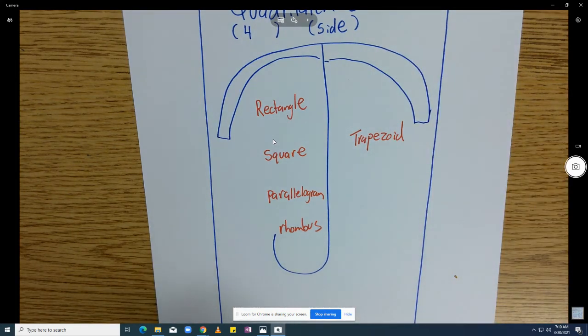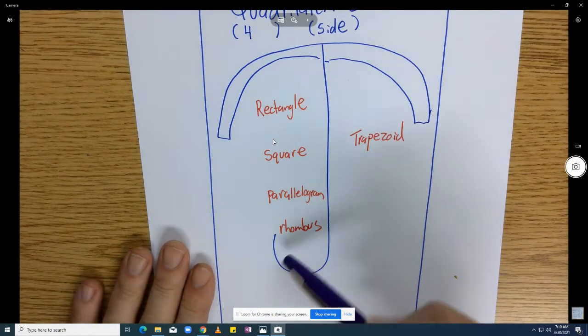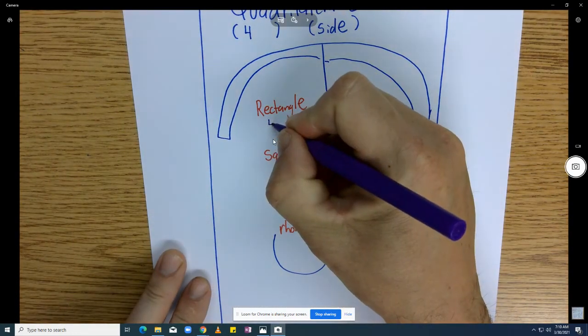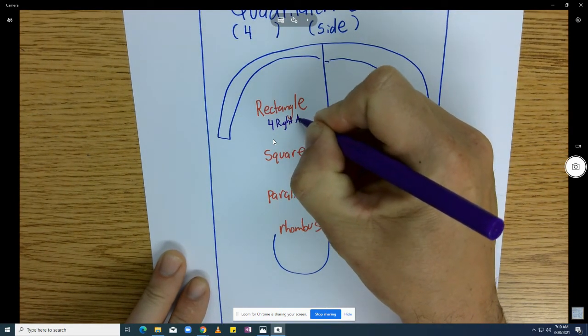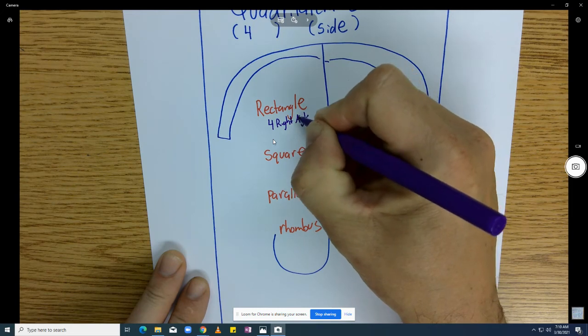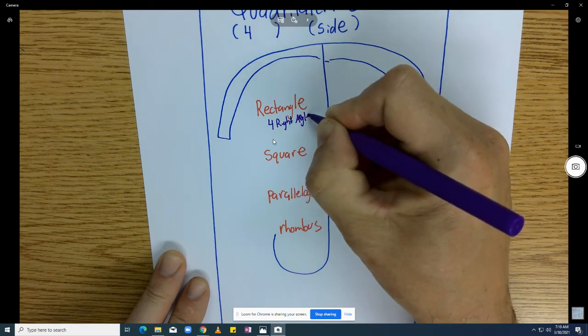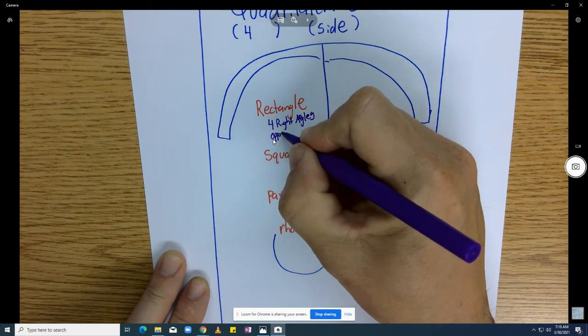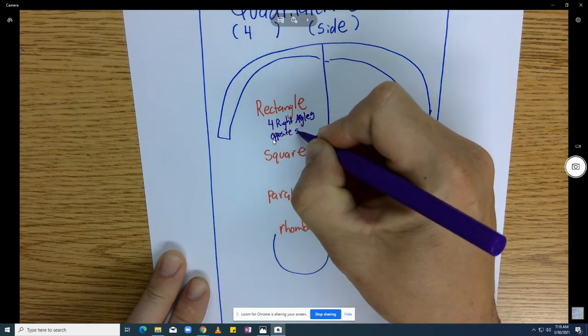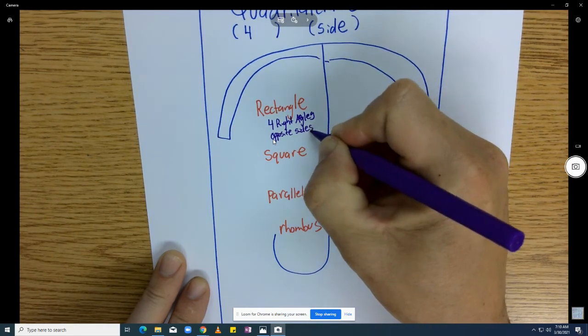All right. So all of these on this side, this one, the rectangle, has 4 right angles, and opposite sides are equal.